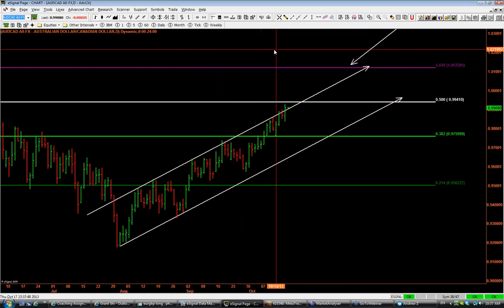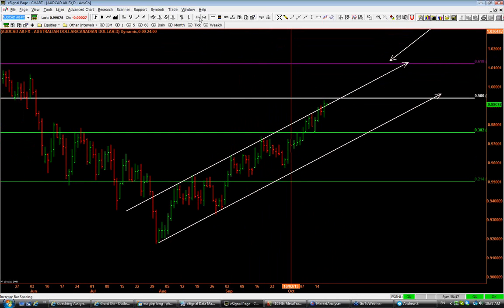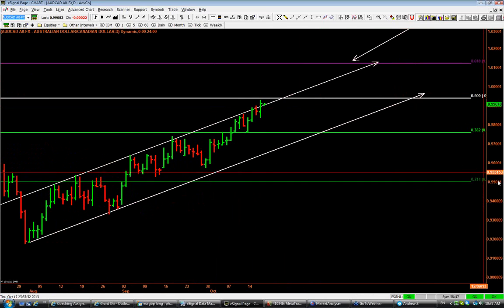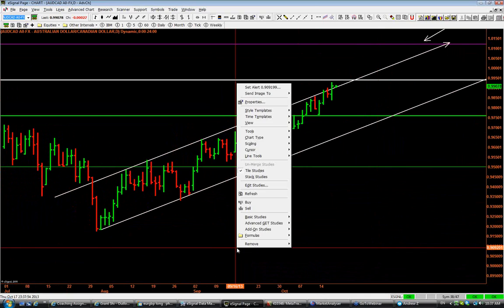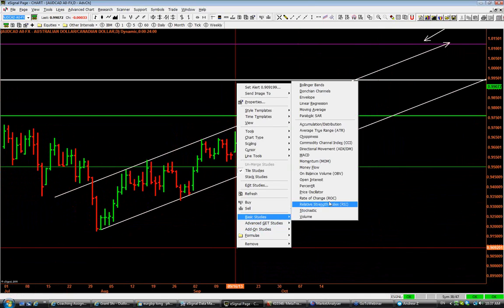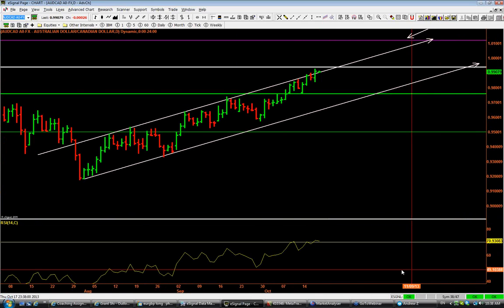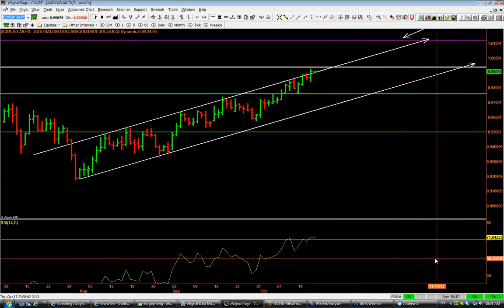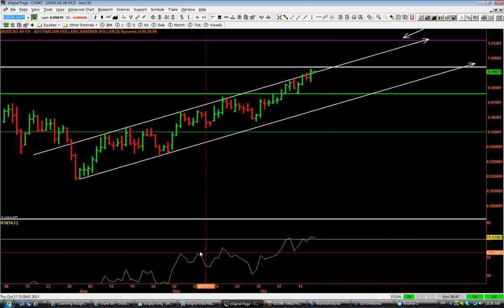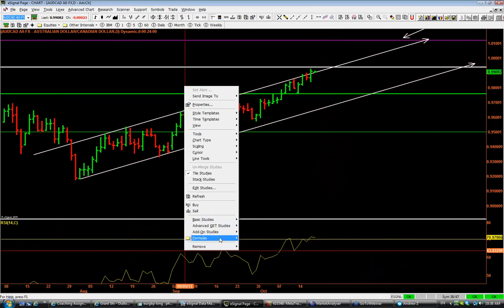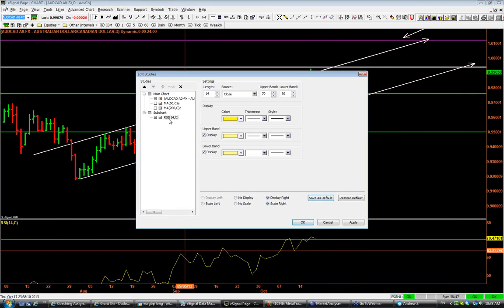Let's have a look at the RSI. Yeah, still high. Sorry, just let me change the setting to 6 days.